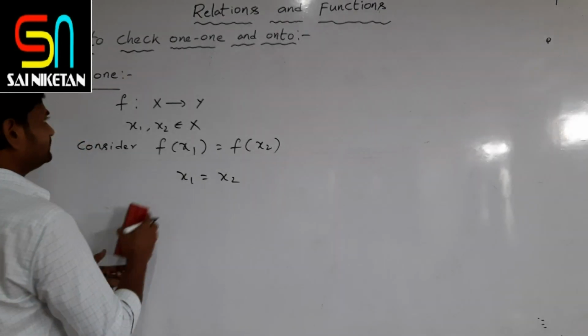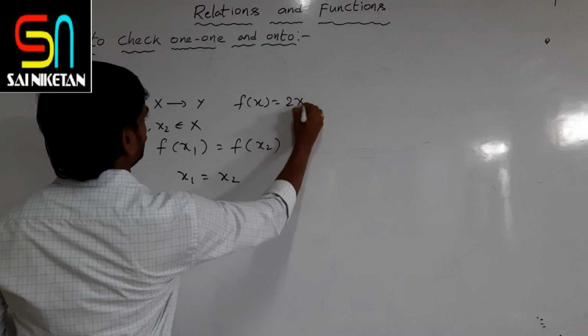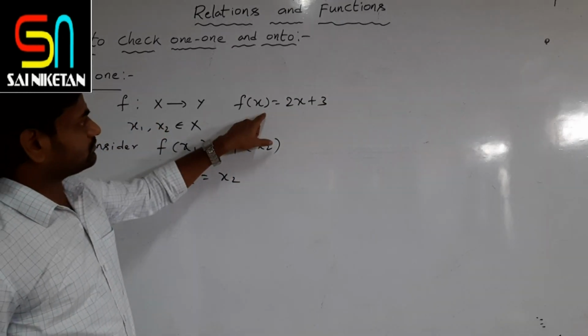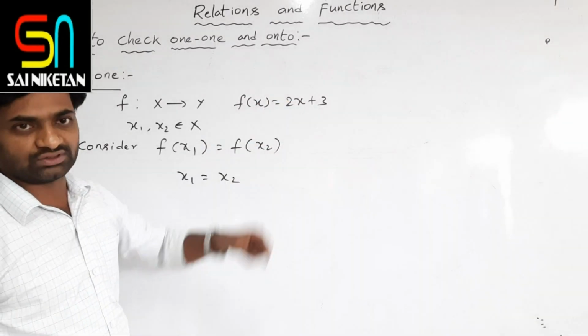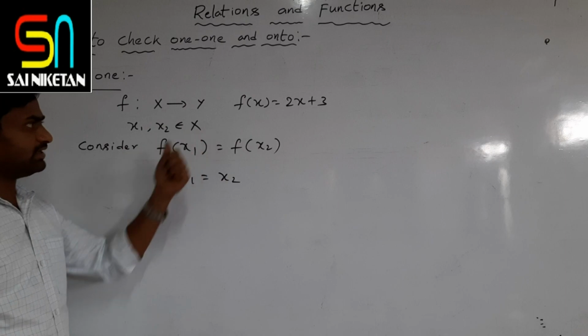See one example here. I am taking some function here, f of x equal to 2x plus 3. This function I want to check, is it one-one or not? Same, I am taking x1, x2 belongs to capital X.